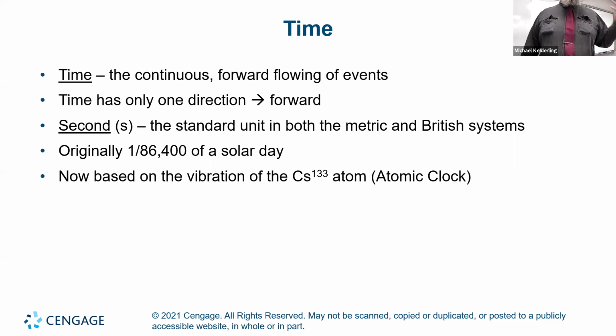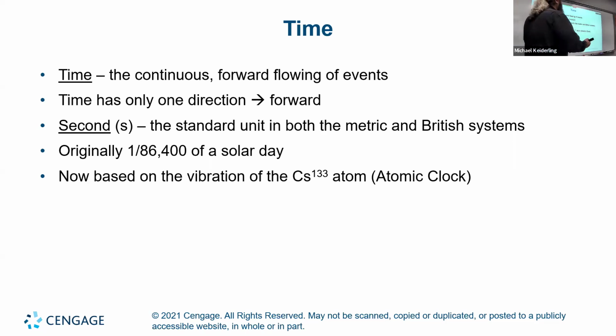In fact, the rotation of the Earth is steadily slowing down. So technically it's getting longer. Various things we do can change that, which is why every once in a while they have to add a leap second or subtract a leap second. So when they built the Three Gorges Dam in China, it changed the rotation of the Earth and changed the length of the day because so much water piled up, it changed the rotational properties of the Earth.